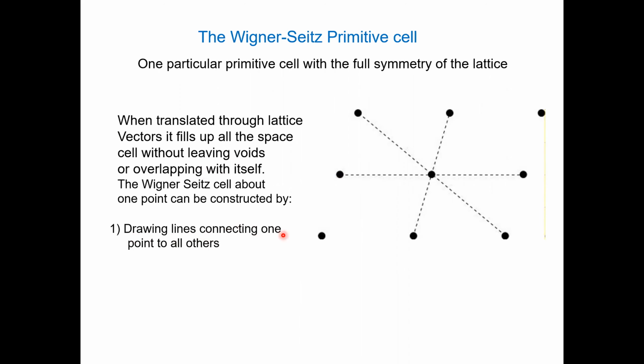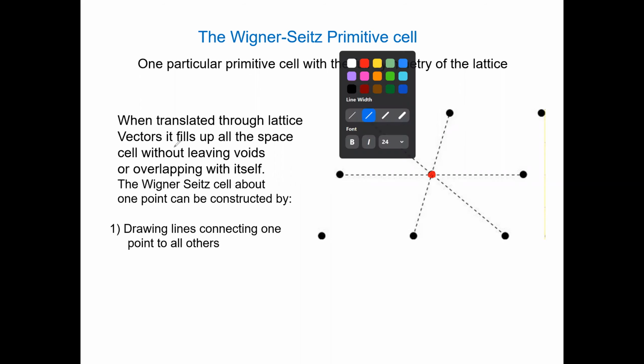First, you draw lines connecting one point to all others. So imagine we focus on this point, right? And then you draw a line. So here is all the dotted lines, right? So if you are at home, make sure you have a ruler, a pen or a pencil, and then draw a line like this, okay?